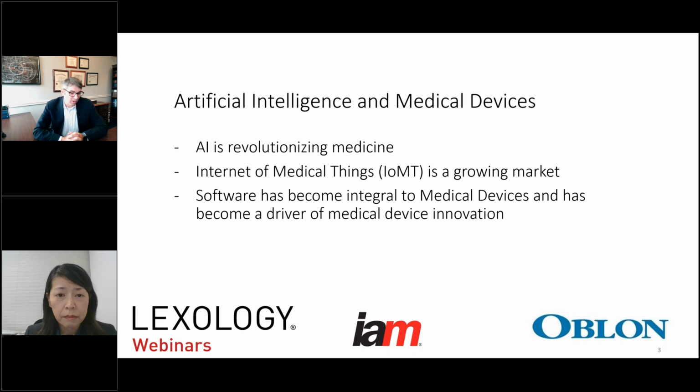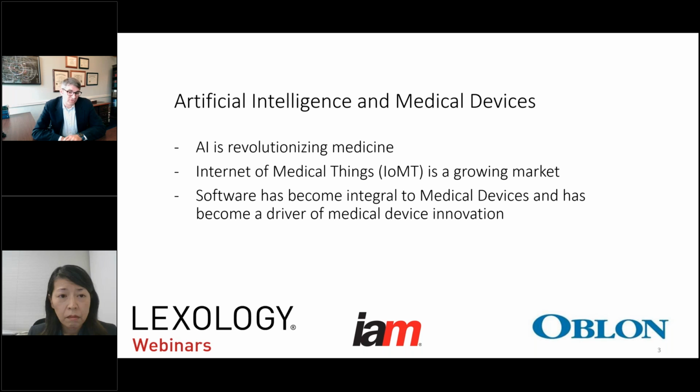So I think we all know that artificial intelligence is a very popular area that a lot of people are involved in recently, and it really has revolutionized the medical device area. Even more than what we've seen in the pharma area, we've seen that artificial intelligence really has been utilized and implemented in the medical device area.